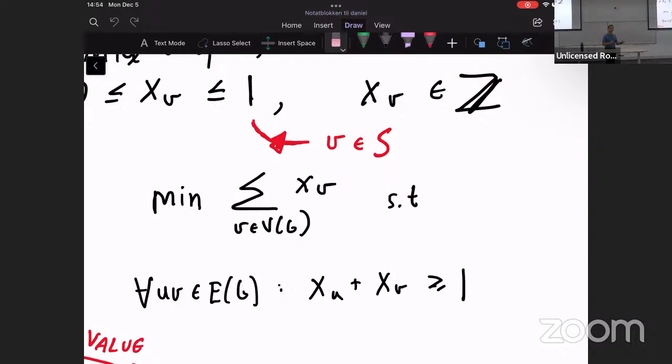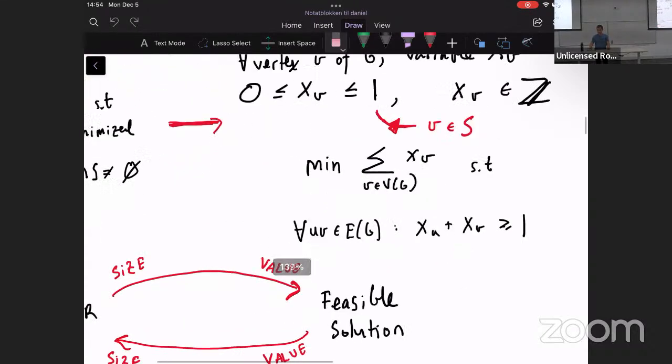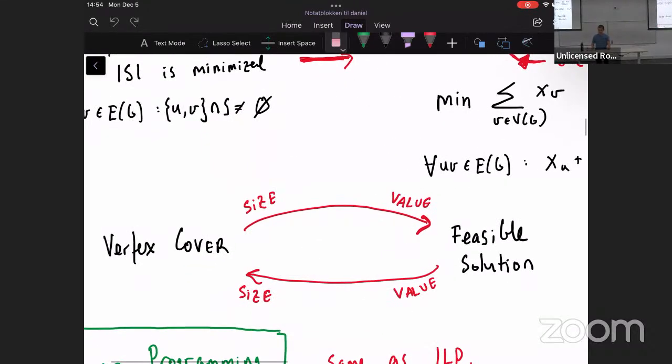Not only is the original instance a yes instance if and only if the produced instance of ILP is a yes instance, there's even a stronger relationship. In particular, every vertex cover of your graph corresponds to a feasible solution to the ILP that you made with the same value.